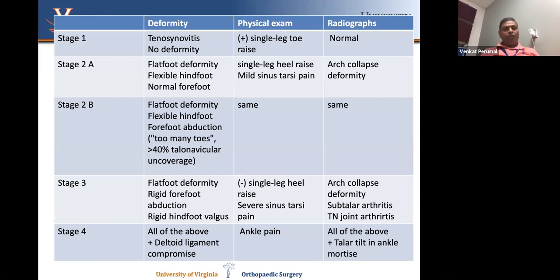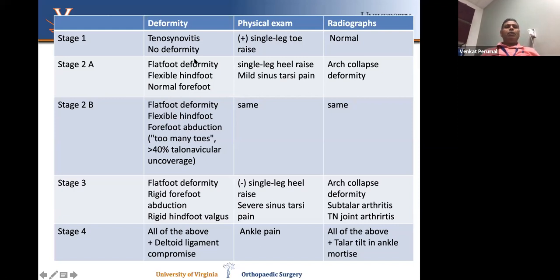You can correct the deformity, meaning there's no arthritis, there's no fixed deformity. Stage 3, if there is arthritis and the deformity is fixed, it's both forefoot deformity as well as hindfoot deformity. And stage 4, where the deltoid ligament fails and the ankle goes into valgus as well.